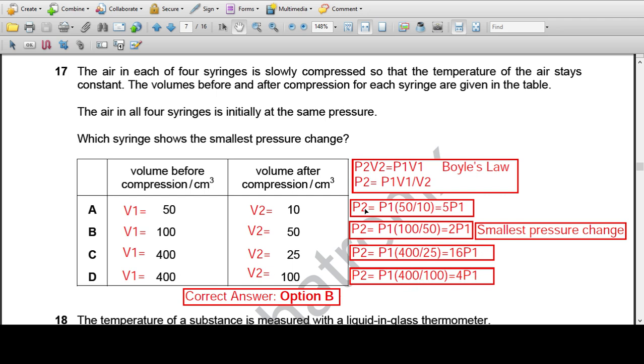We can see that P2 is 5P1, P2 is 2P1, P2 is equal to 16P1 and P2 is equal to 4P1, where P1 is constant as given in the problem. So we see that the pressure change is very small in this option B. So the correct answer is option B.